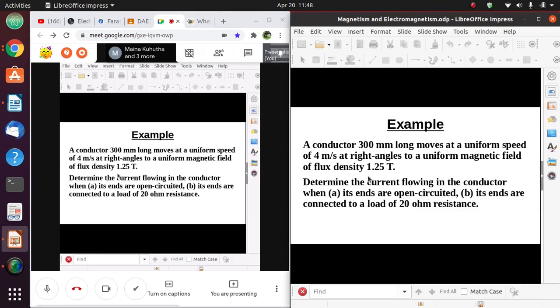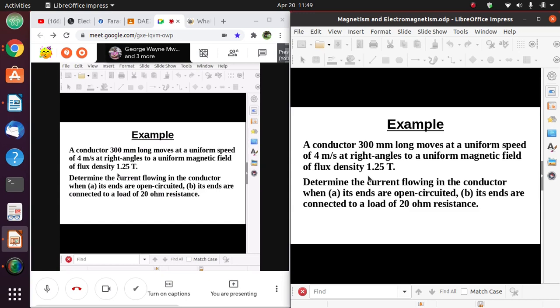You have been given a question. A conductor is 300 millimeters long and it moves through a magnetic field at a uniform speed of 4 meters per second at right angle to a uniform magnetic field of flux density 1.25 Tesla.